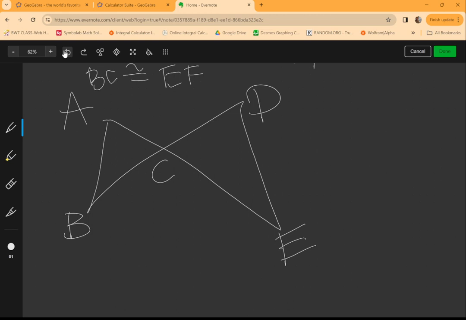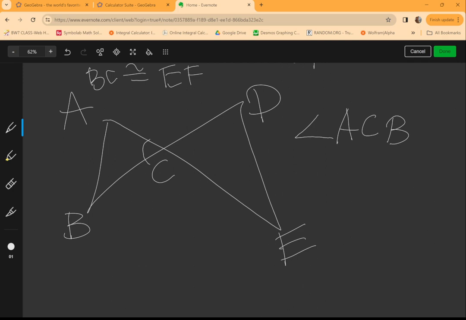So we use the naming convention where the letter C is the vertex, and we use the letters A and B to help us name the angle. If I say the measure of angle ACB, then I'm referring to this particular angle here. The letter C will always be in the middle, since it's the vertex of the angle.